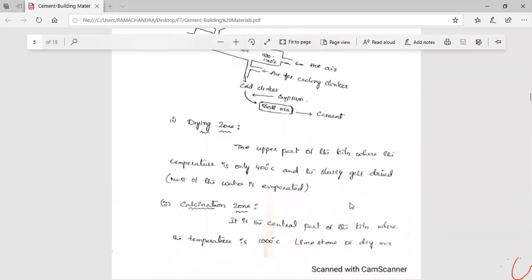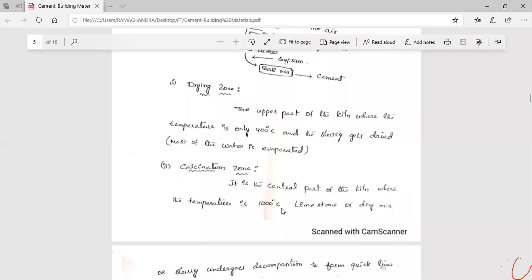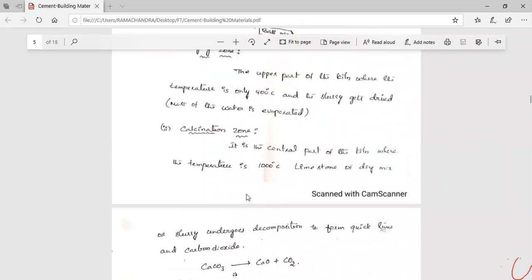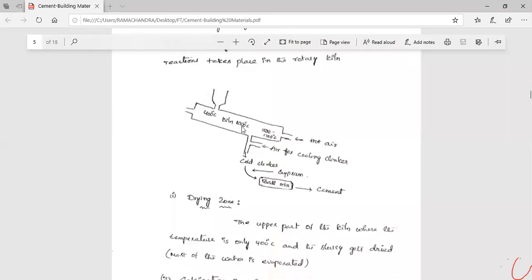Here, at 1000 degrees Celsius, the limestone of the dry mixture or slurry undergoes decomposition to form quick lime and carbon dioxide.